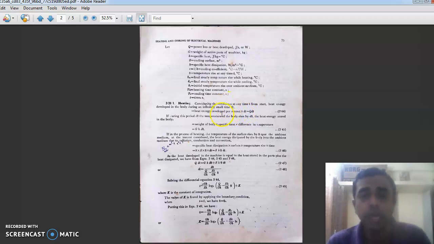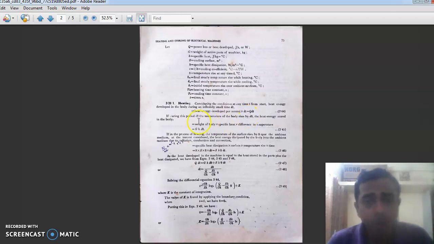Heat energy developed per second, that is joules per second, is nothing but q, multiplied by dt. Joules per second multiplied by seconds, the seconds cancel, that is joules. So q dt is the heat energy developed for a small time dt.